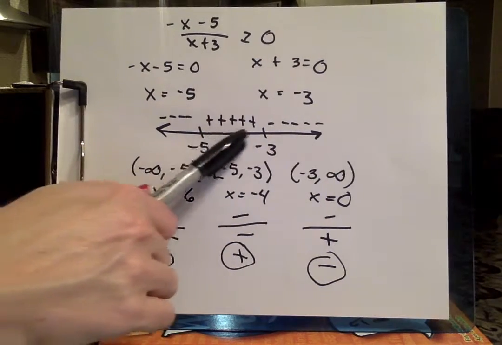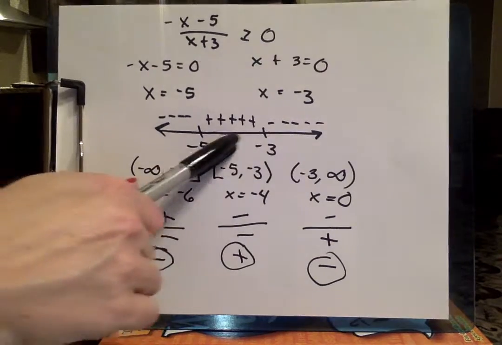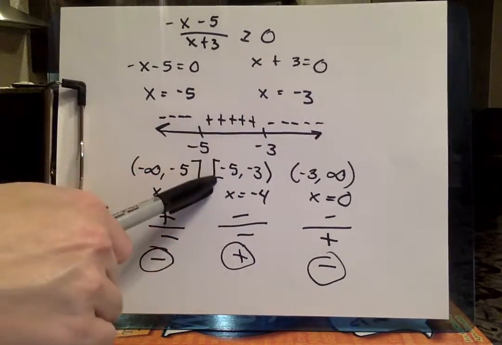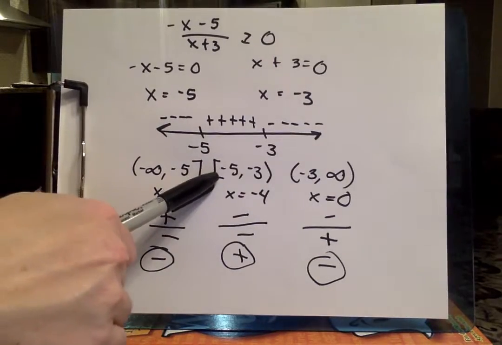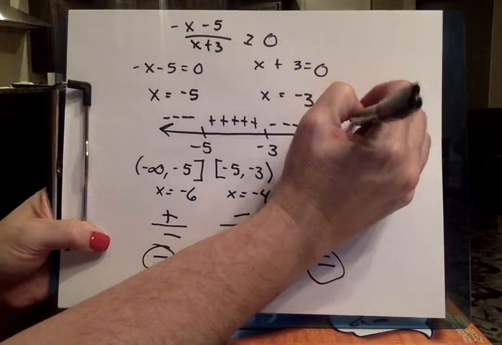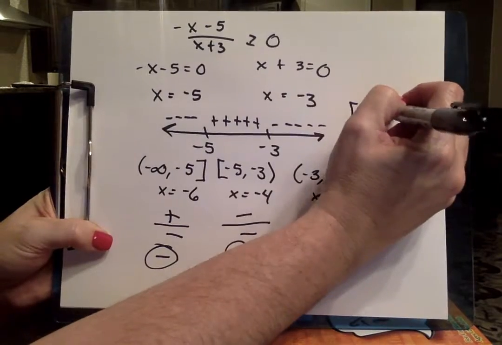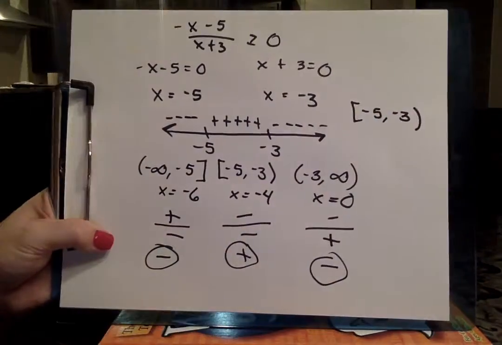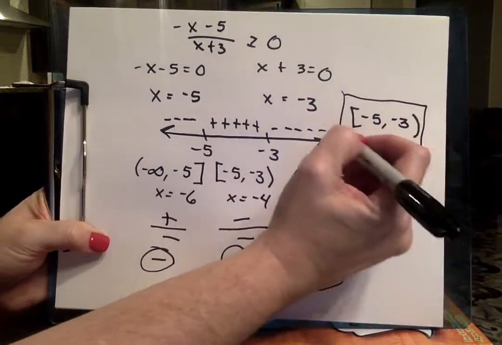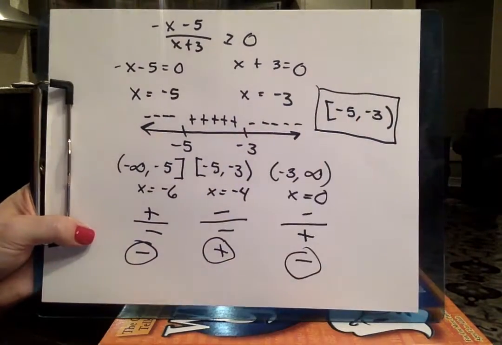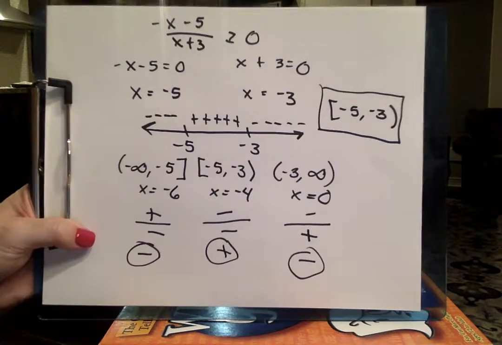And this is going to be our positive place on the graph. And we've already written that interval, which is bracket negative 5 to negative 3, and then parentheses. Okay, and so our solution for this rational inequality is that interval.